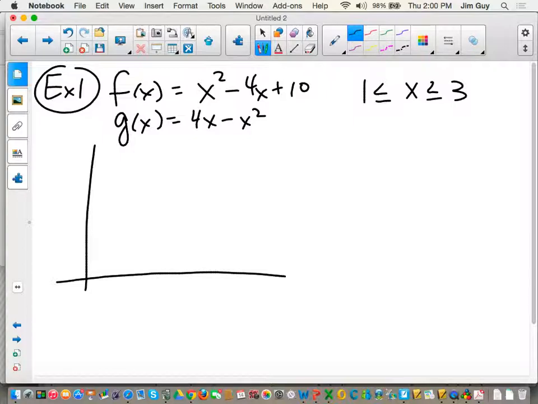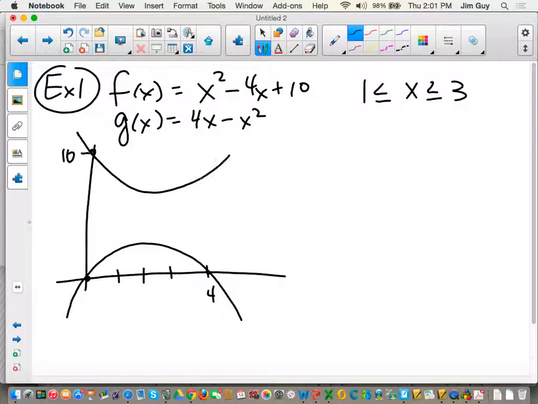This bottom equation here, you can tell that it's going to cross at the points (0, 0) and (4, 0). And it's a frowny face parabola, so we go like that. The other one, the quadratic equation, has a y-intercept, well, it's not really drawn to scale, but at 10.